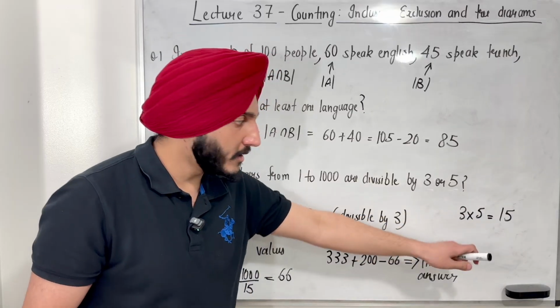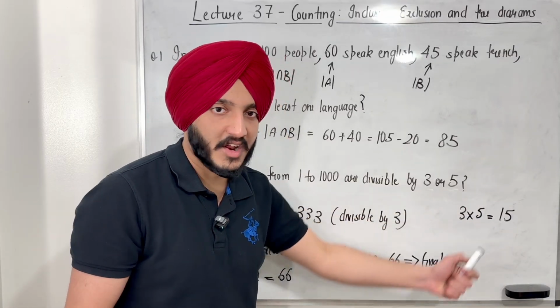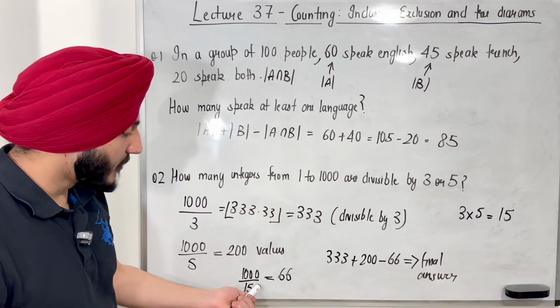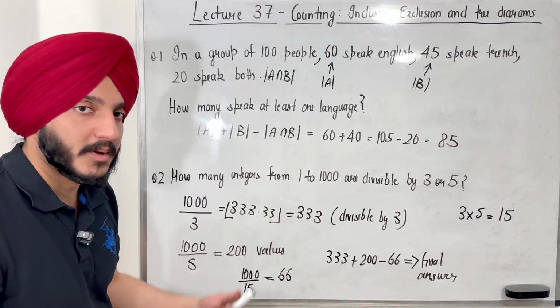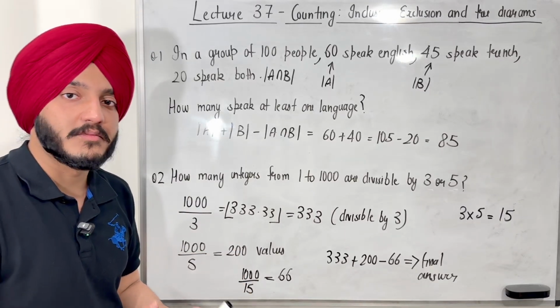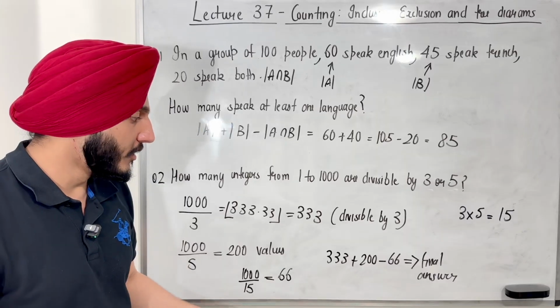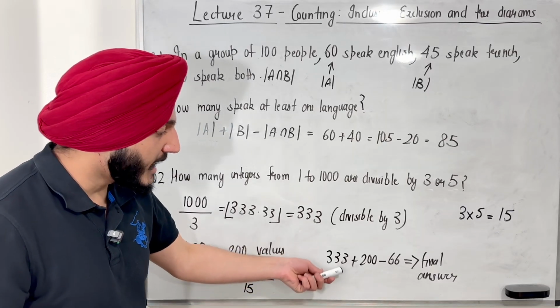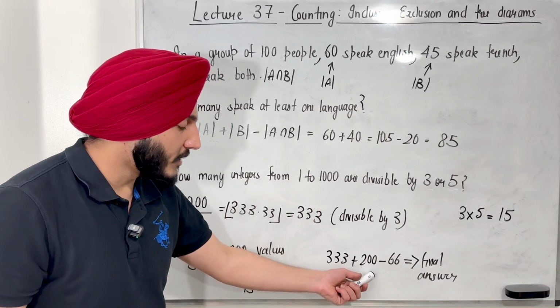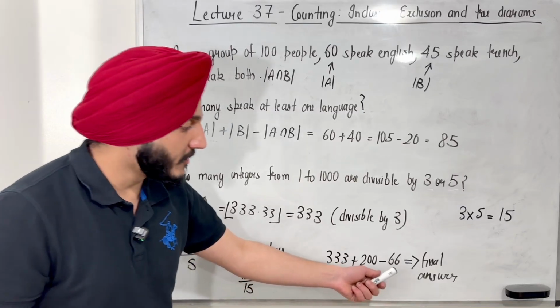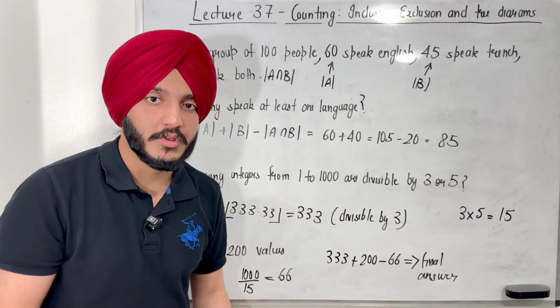And how did we do that? We did 3 multiplied by 5, giving us 15. And dividing 1000 by 15 gives us values that are divisible by 15, or in other words, divisible by both 3 and 5. In the final case, just add divisible by 3 plus divisible by 5, subtract divisible by both, giving you the final answer, right?